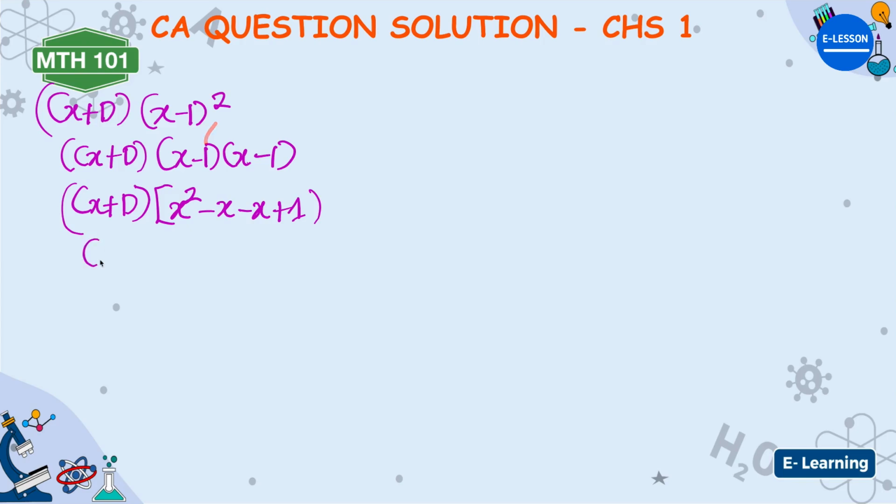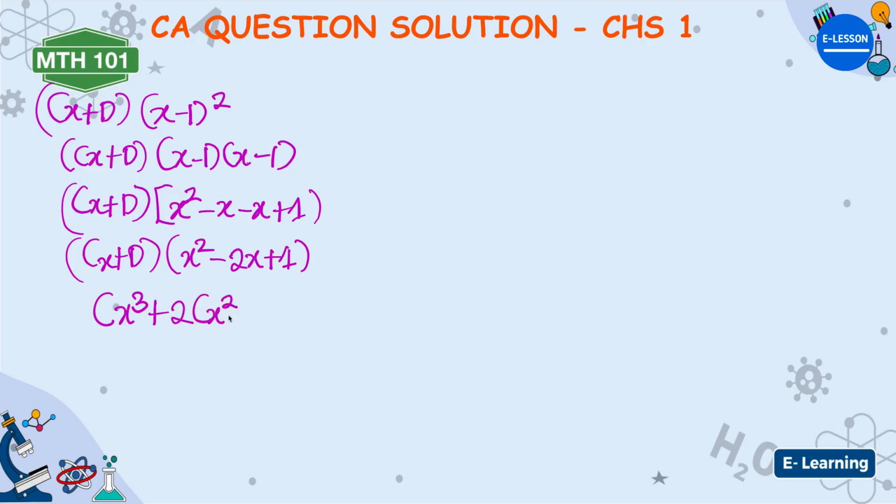Now, at the end of the day, this will give us Cx plus D bracket x squared minus x minus x will give us what? Minus 2x plus 1. Now, you are going to use this Cx to open through this again. That will give us Cx multiplied by x squared. That will give us what? Cx cubed plus this multiplied by this will give us 2Cx squared.